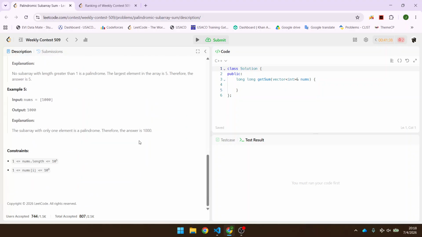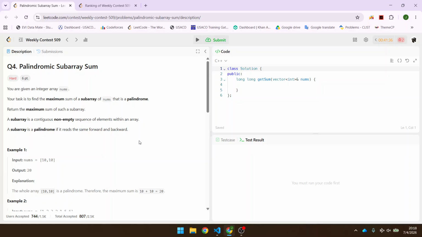for every index, we check. For every index now, try to check if it's possible or not.